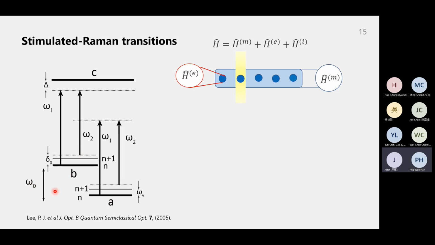Now we are applying a pair of lasers on both of the qubit levels. The lasers have frequencies omega 1 and omega 2, and the difference between omega 1 and omega 2 gives a detuning delta naught. By tuning delta naught equal to 0, we can drive the Raman transitions between B and A.